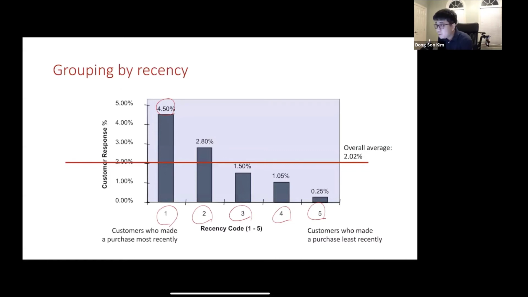And group 2's response rate is also clearly higher, 2.8%, than the overall average. But the other groups' rates are clearly lower than the overall average, like 1.5, 1.05, and just 0.25%. This implies if the company had selected targets by recency, the response rate would be much, much, much better.